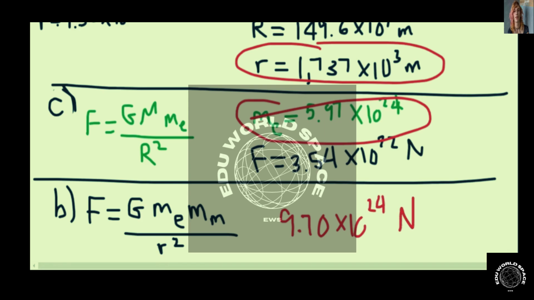Over R. This time R is little r. 1737 times 10 to the third power squared. I put all of these in a calculator and I get 9.70 times 10 to the 24th power newtons.